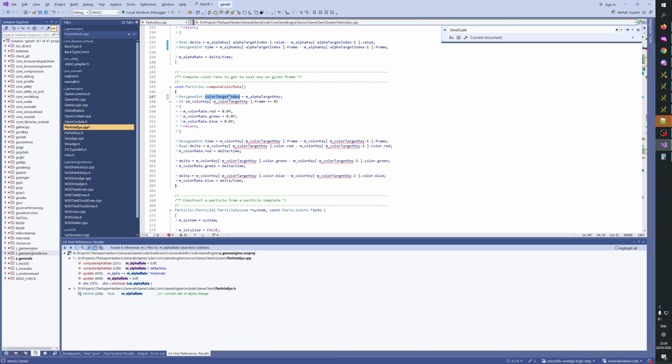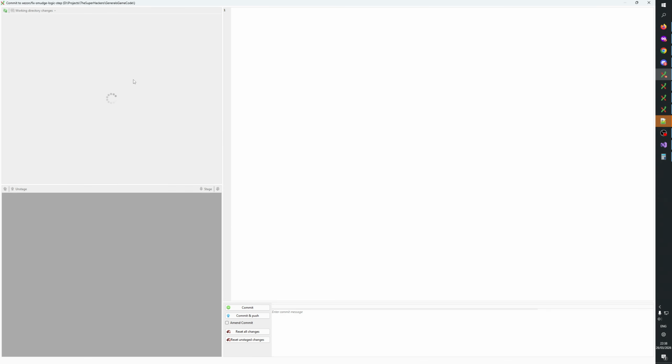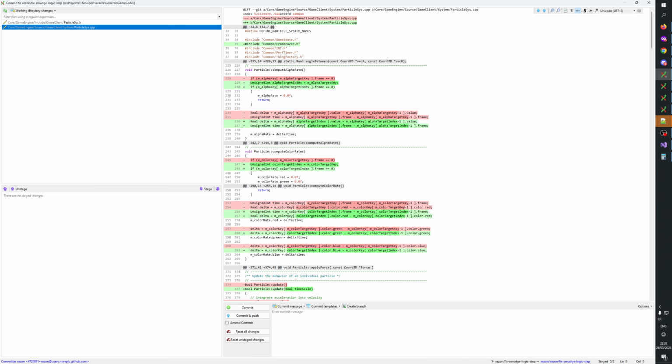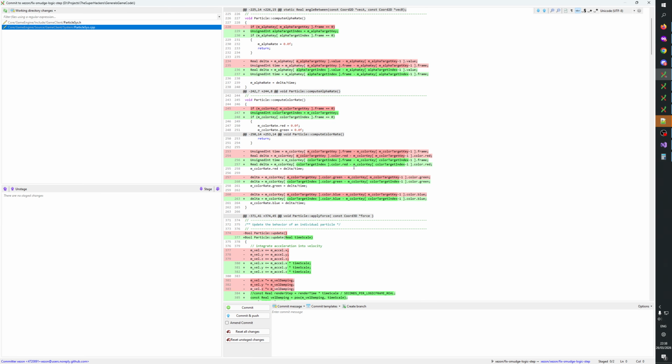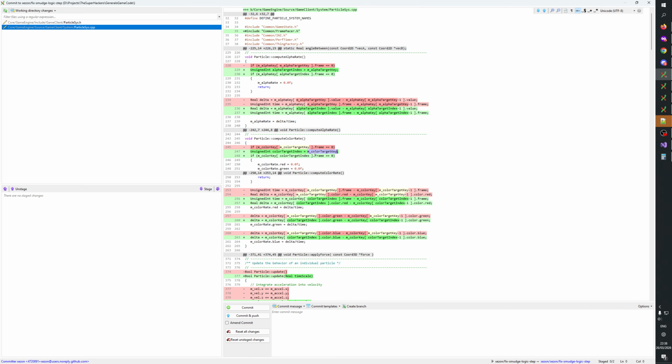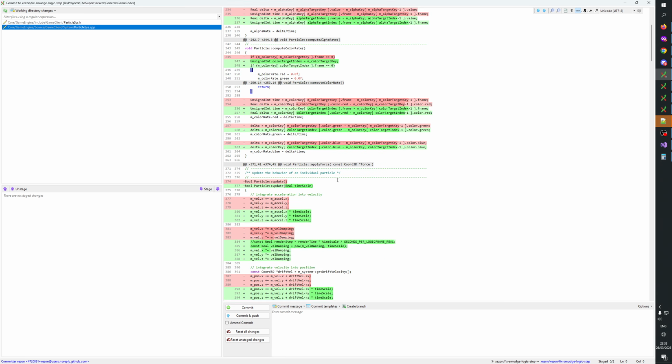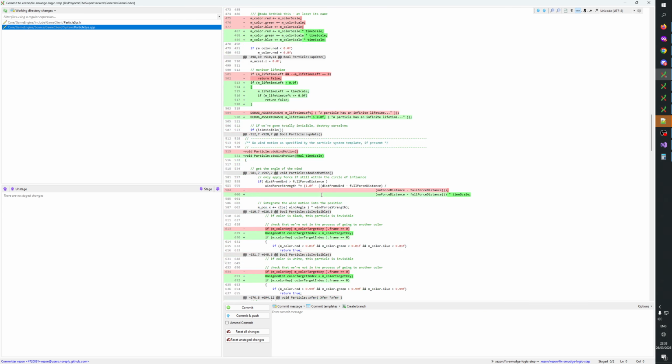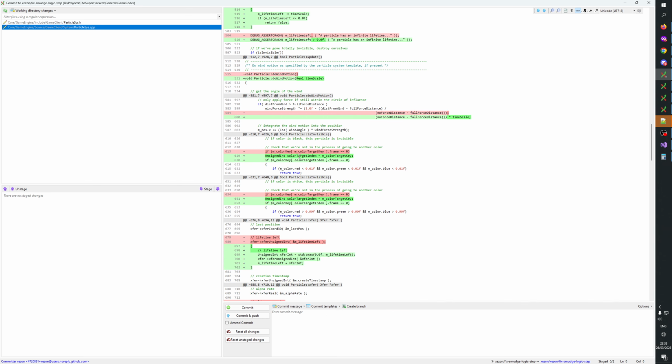Color target index. Okay, fantastic. I probably made some mistake somewhere there. For target key, that one is correct. Unsigned int. Color. Yeah, okay. Color target key.